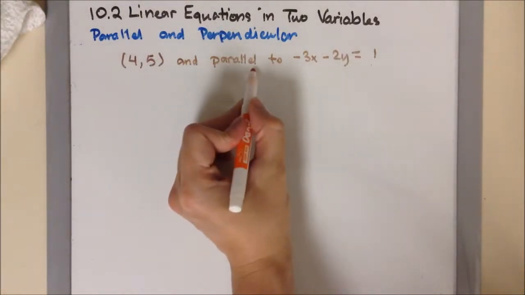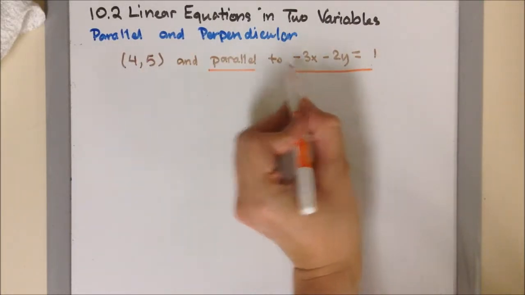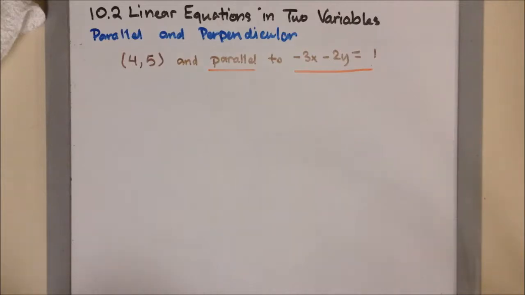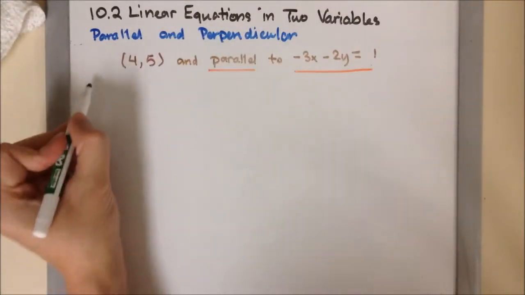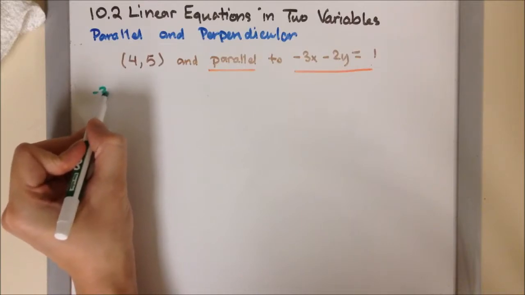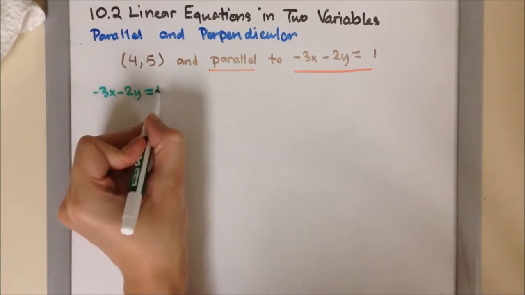So again, parallel means that it's going to be the same slope as this linear equation. So your first task is to convert this linear equation into slope-intercept form. So negative 3x minus 2y equals 1.